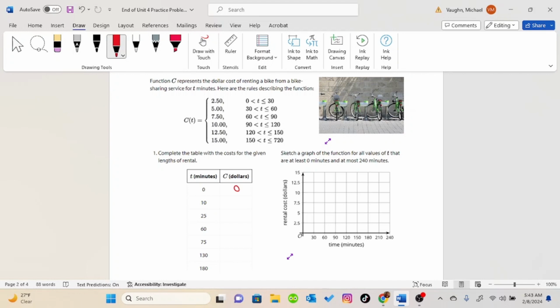So we could put our point at the origin. Then we have 10 minutes. 10 minutes is between 0 and 30, so the cost would be $2.50.